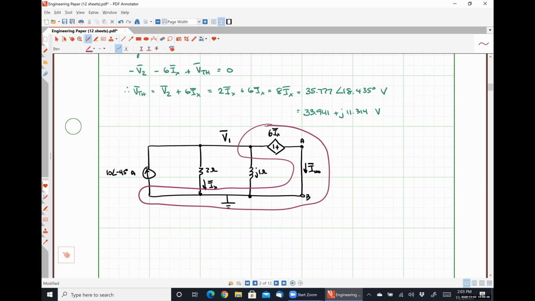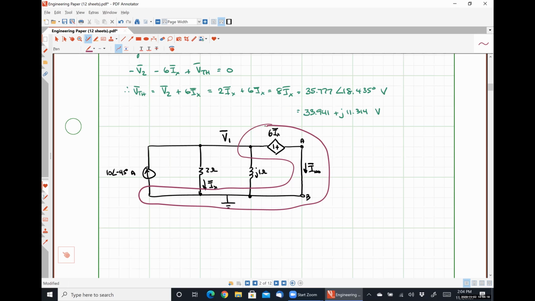What does it mean, or specifically, what do I not do when my supernode contains the reference voltage? Anybody remember? Whenever my supernode contains the reference voltage, I don't need to write a KCL equation. That's one of the fundamental rules of supernodes. I simply have a voltage relationship.